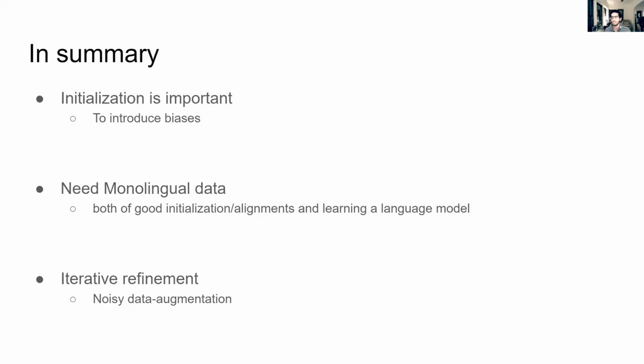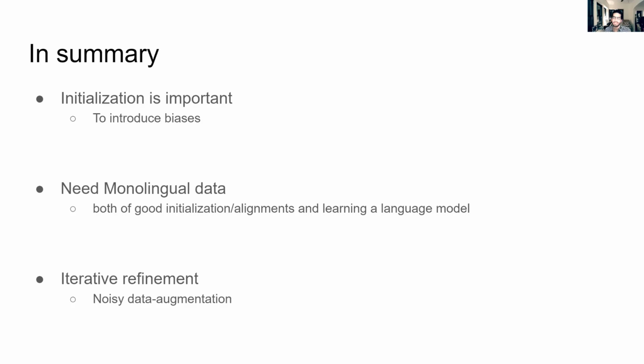So, initialization in these models is very important. You want to bias your model to a good starting point so you do not get stuck in a weird place. If you start randomly, you will never improve. So you have to start at some good point. Second thing is that you need a lot of monolingual data because you need to train embeddings.